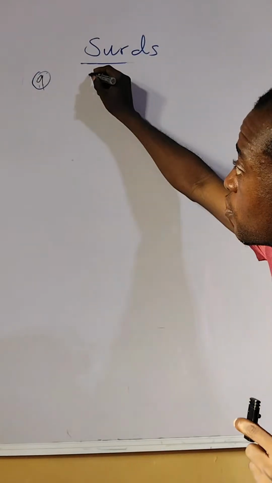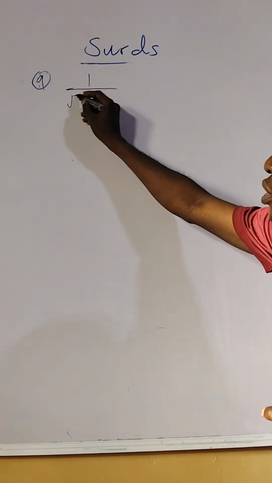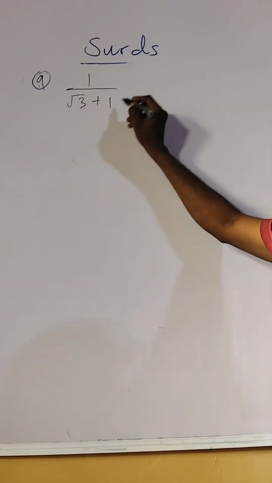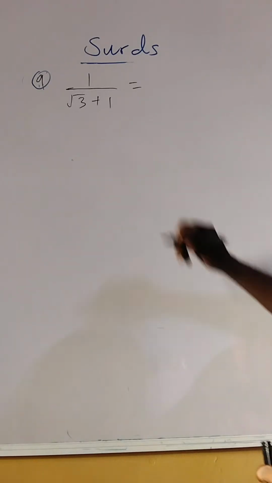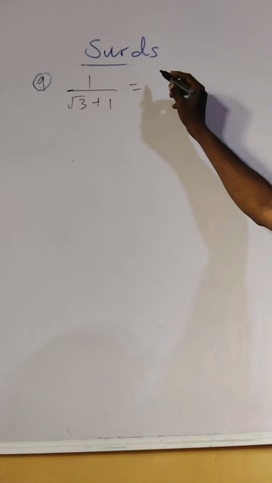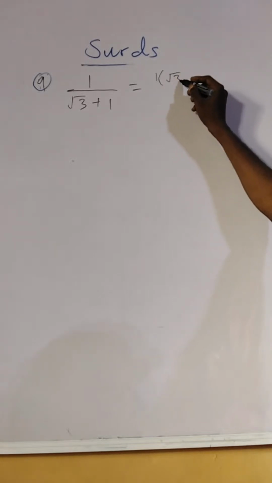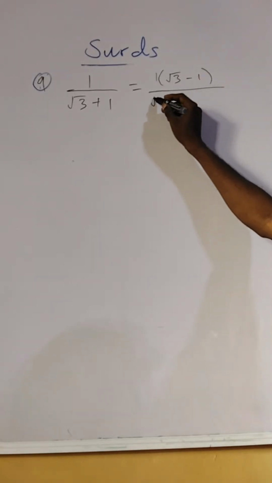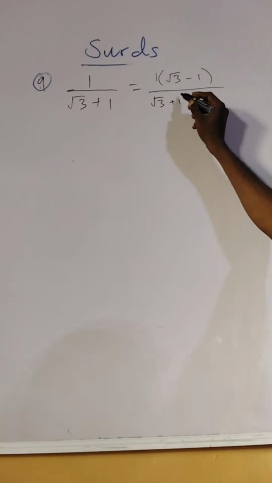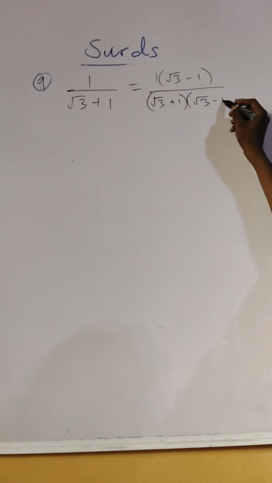So we have 1 over root 3 plus 1. When we want to simplify, we rationalize as well, and we just multiply the numerator and denominator by the conjugate of the denominator. This becomes 1 times root 3 minus 1 divided by root 3 plus 1 times root 3 minus 1.